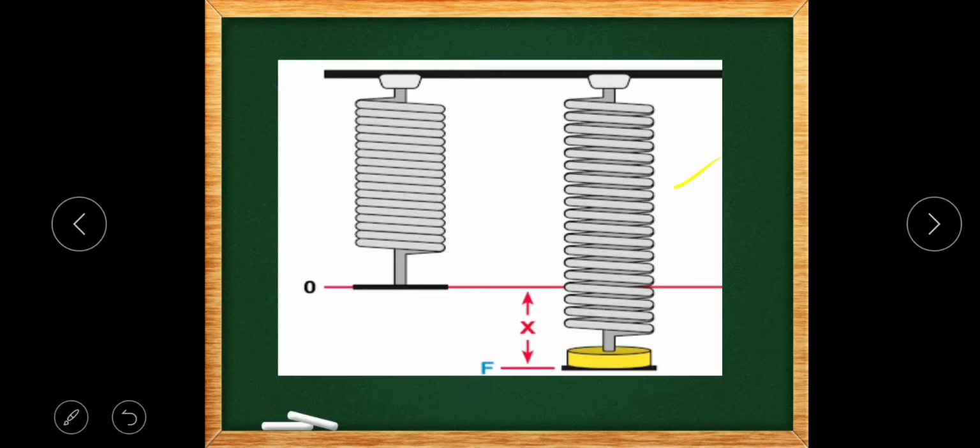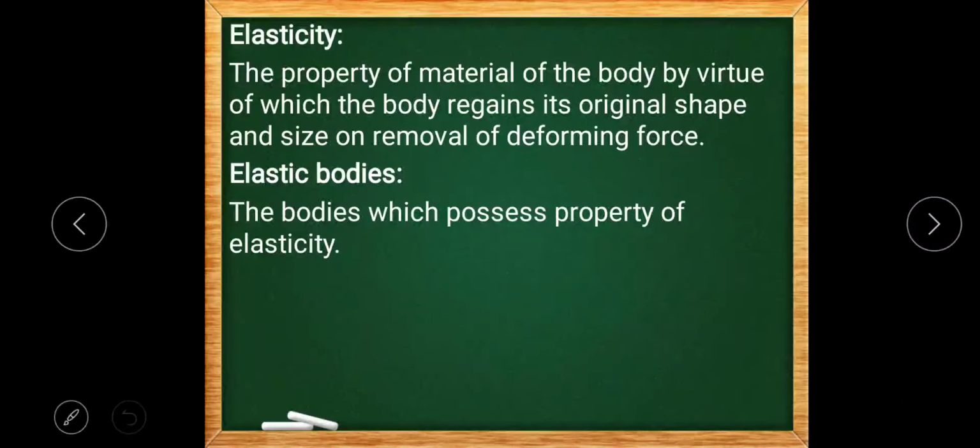Hence, elasticity can be defined as the property of the material of the body by virtue of which the body regains its original shape and size on removal of the deforming force. Here, the deforming force means the externally applied force.